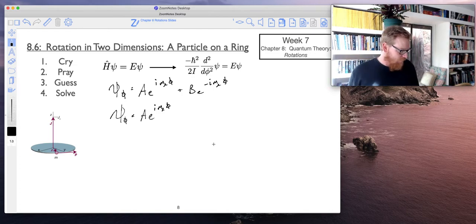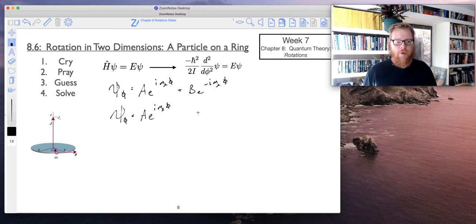And so now, when we go to normalize this thing, it's pretty straightforward. We're going to normalize it as psi star psi. So that's going to be n squared, and we don't need to worry about the theta or the r.